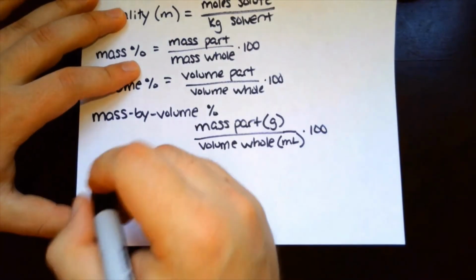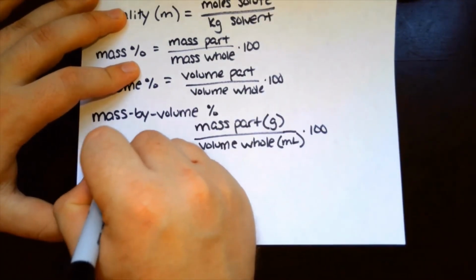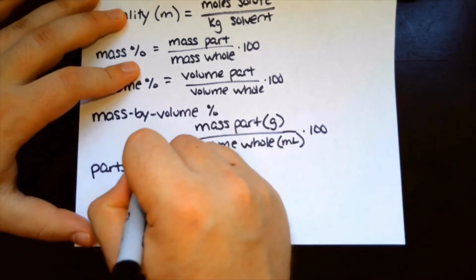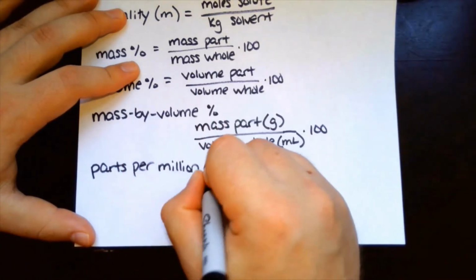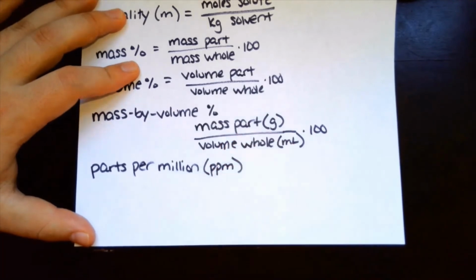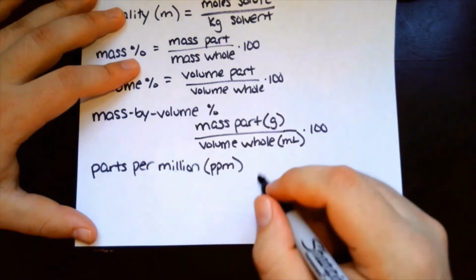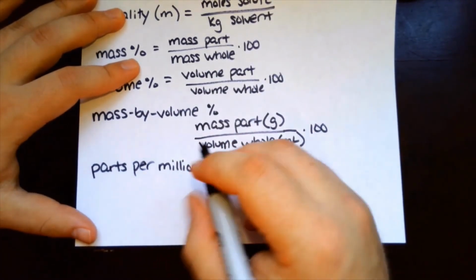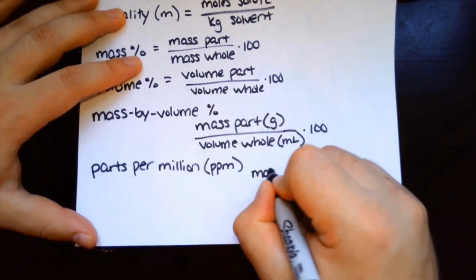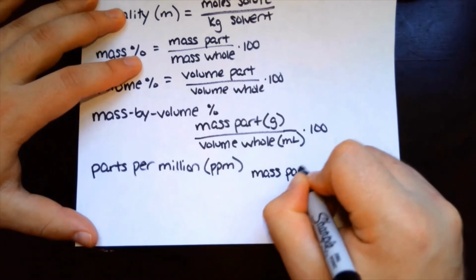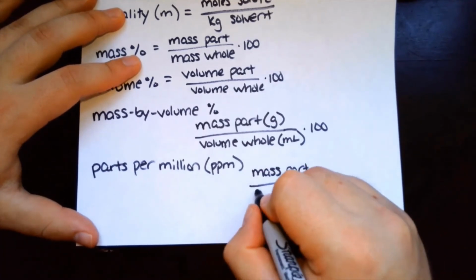We've got parts per million, which the unit for that is just ppm. And that's going to be very similar to mass percent. You're just doing the mass of the part over the mass of the whole.